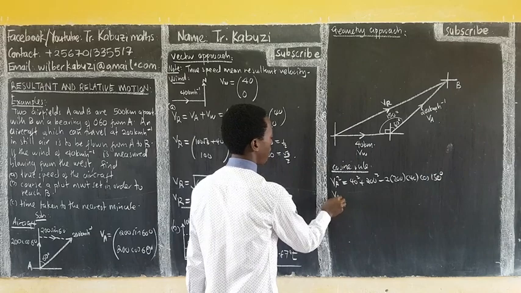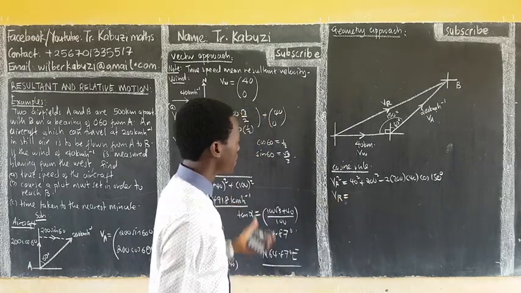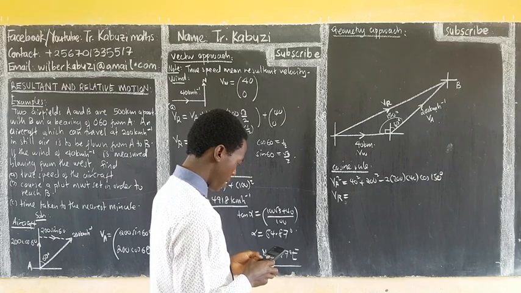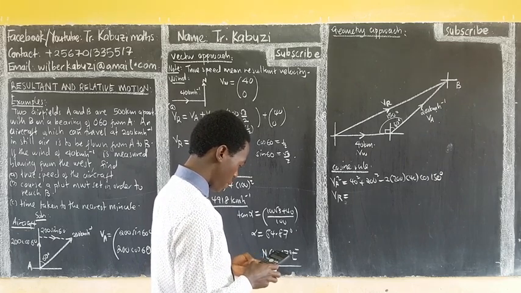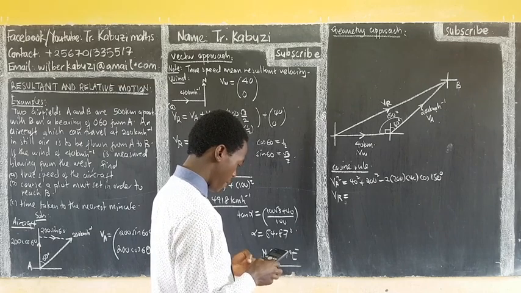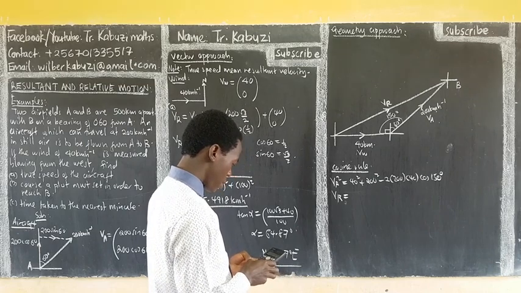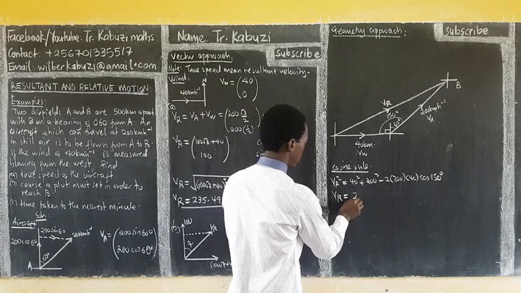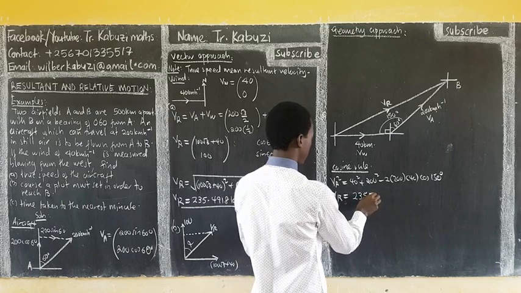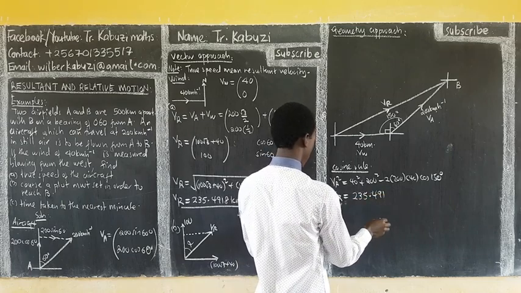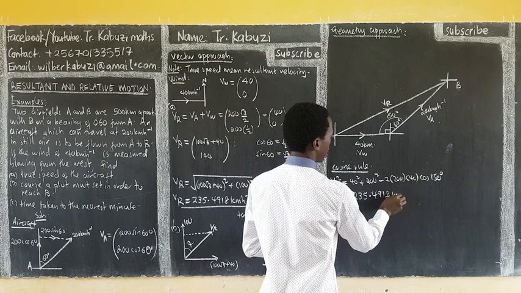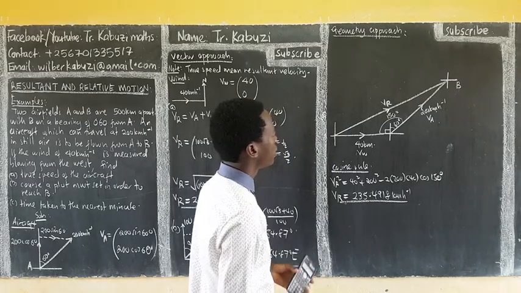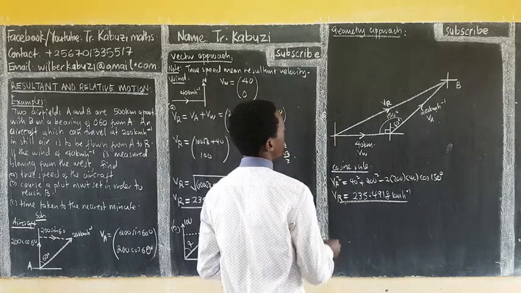So from there, our VR is going to be 235.491 kilometers per hour.